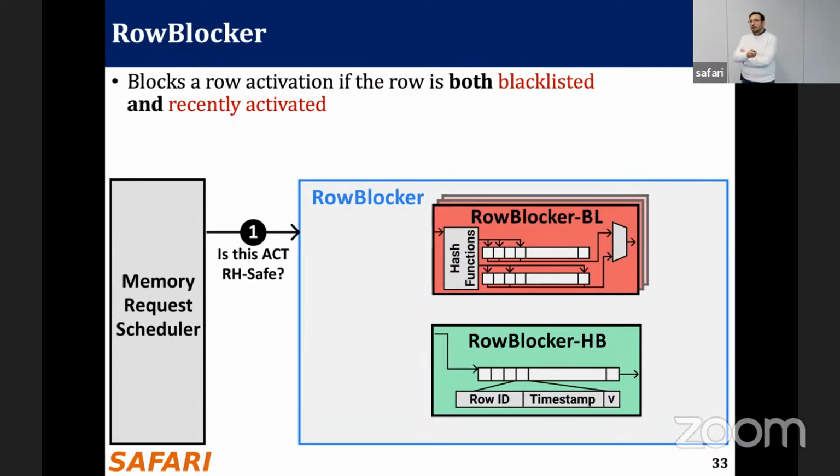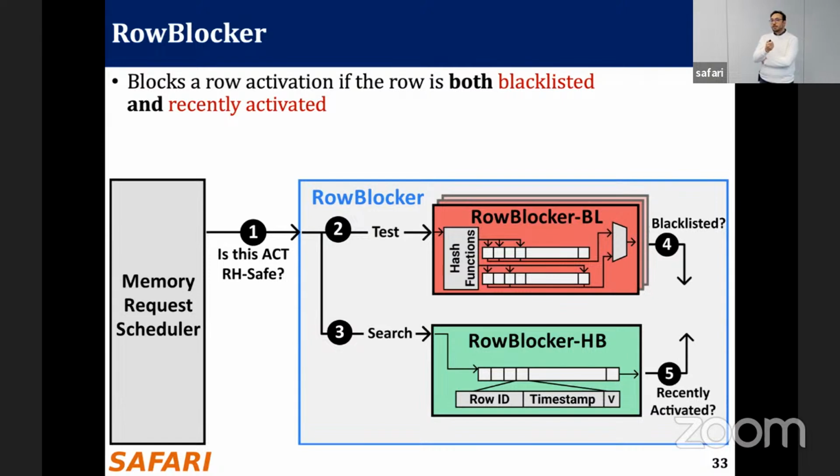When the memory request scheduler decides to issue a row activation command, the first thing it does is ask RowBlocker, is this activation RowHammer-safe? RowBlocker internally searches these two components for this row address.